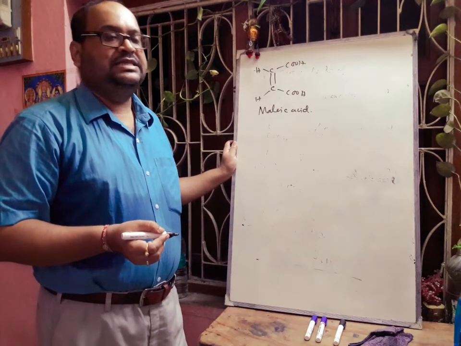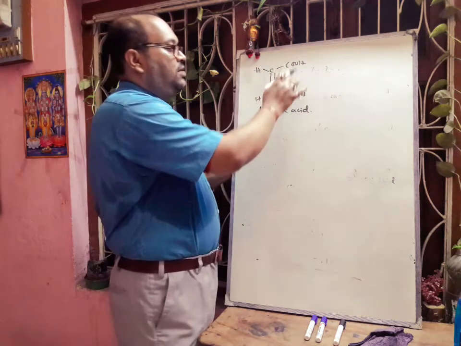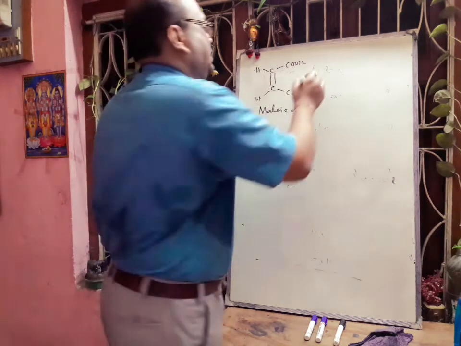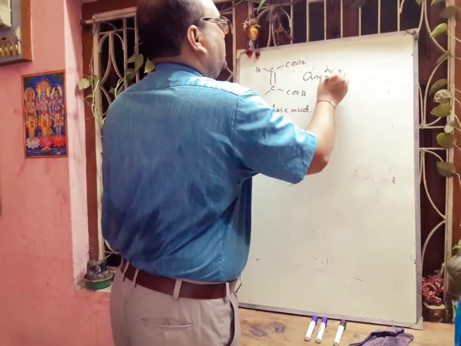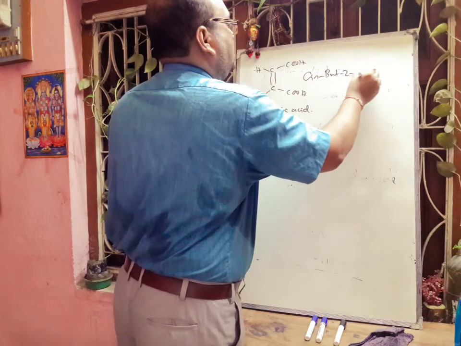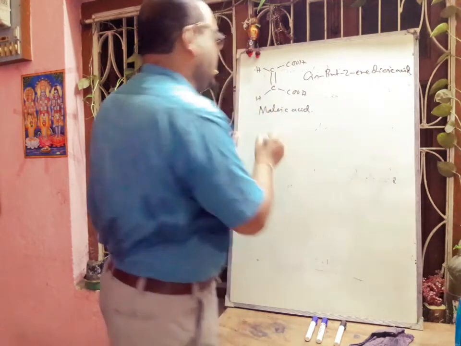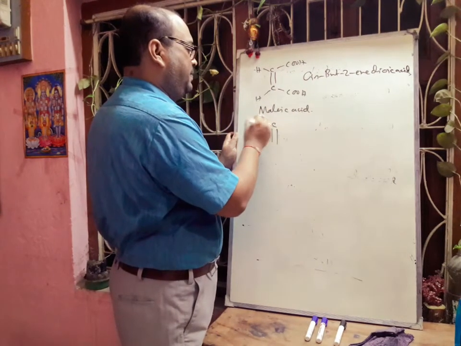As the 2 COOH groups are on the same side, that will be cis-but-2-ene dioic acid. If we take its trans isomer, what will be the common name?